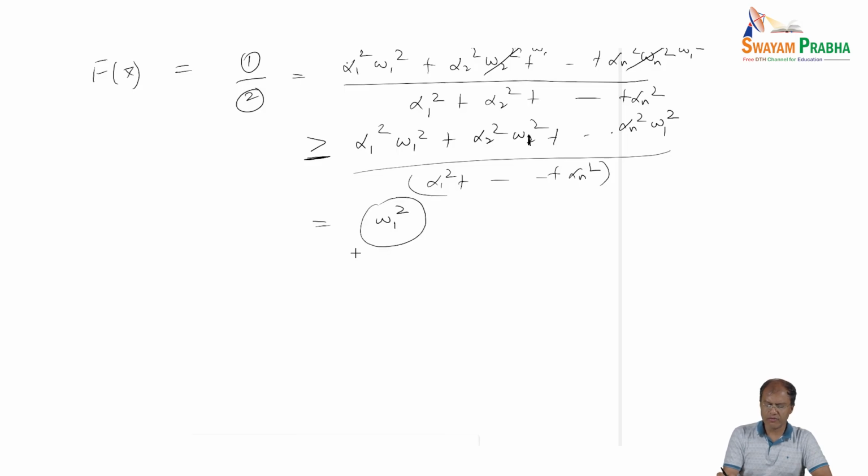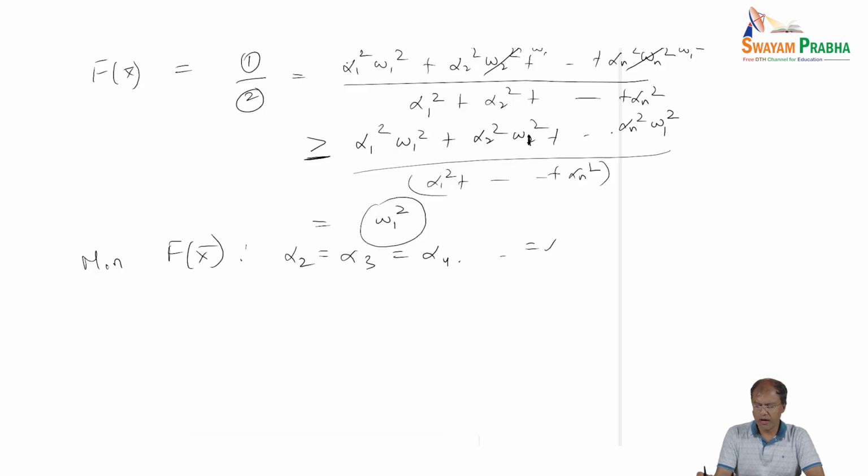So that is the first part of the problem, and of course the minimum of f of x is achieved when alpha 2, alpha 3, alpha 4 up to alpha n are all 0 except alpha 1.